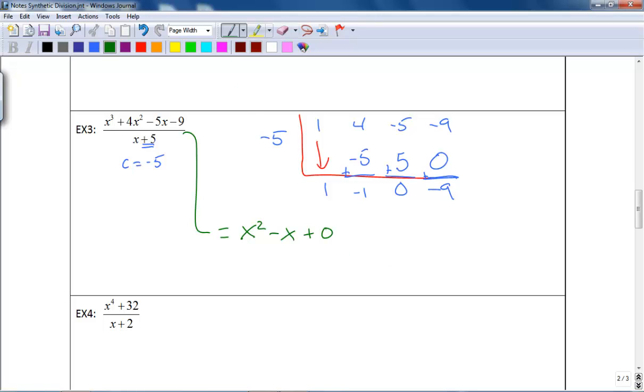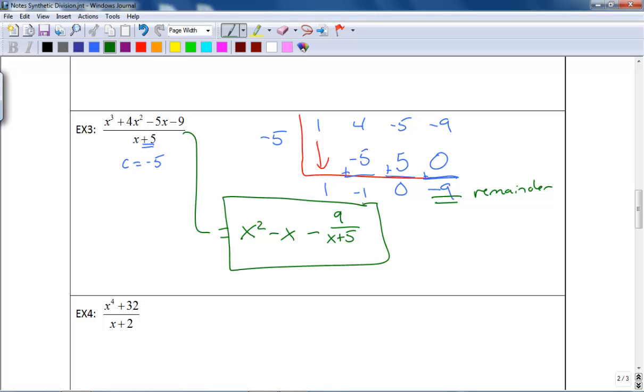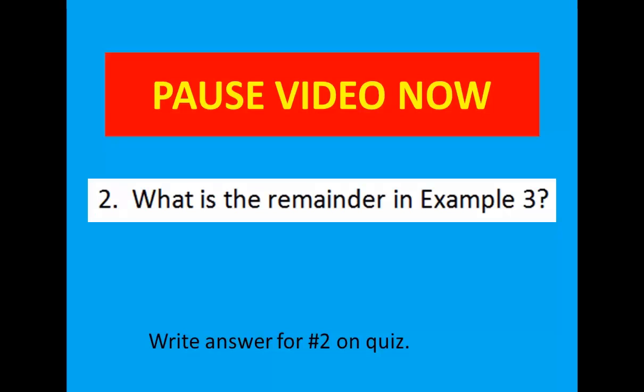But I do have a remainder. My remainder is a negative 9, so I write minus the remainder of 9 over the divisor of x plus 5. So the quotient, or the answer when you divide those two polynomials, is x squared minus x minus 9 over x plus 5.